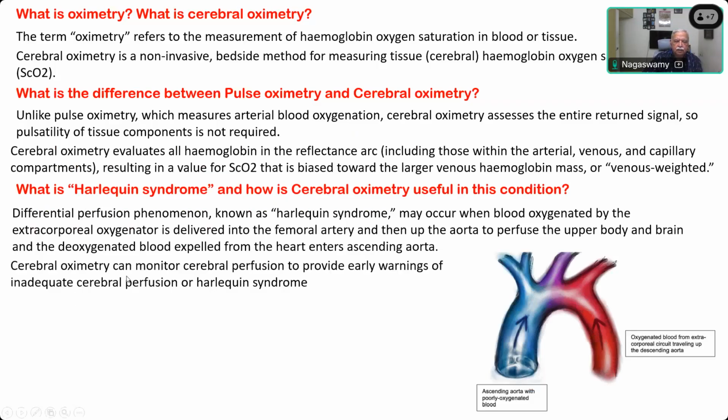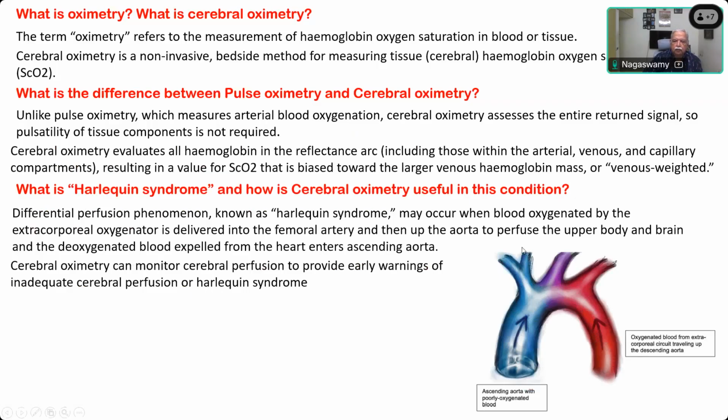So cerebral oximetry can monitor cerebral perfusion to provide early warning of inadequate cerebral perfusion whenever there is Harlequin syndrome. Because in the initial part of the arch of the aorta, you have the innominate artery, which divides into the common carotid and subclavian. Then you have the left common carotid and left subclavian.